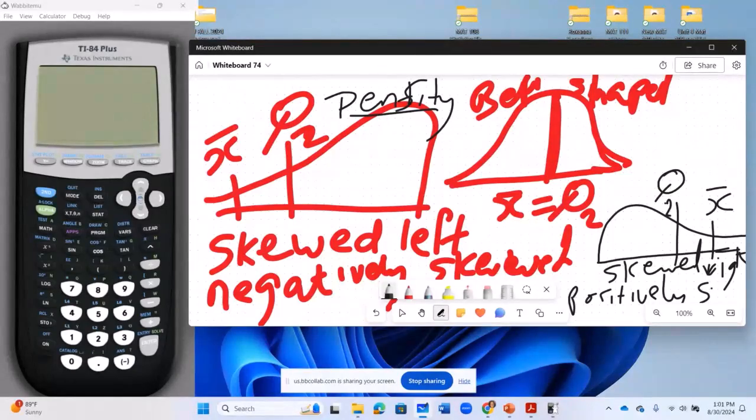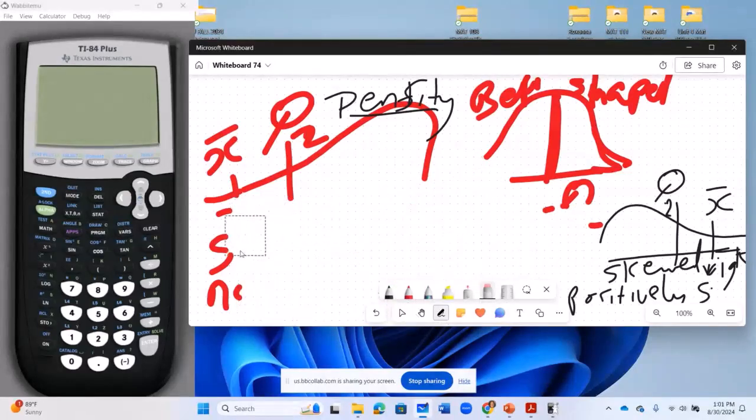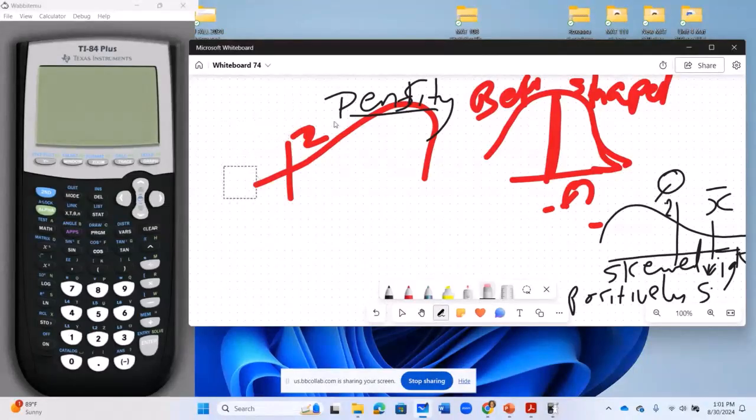Okay. And then I'm going to get a big data set, or I can actually try to organize this data as grouped data. It's not a lot. So now I'm going to try and group the data and make grouped data out of it.